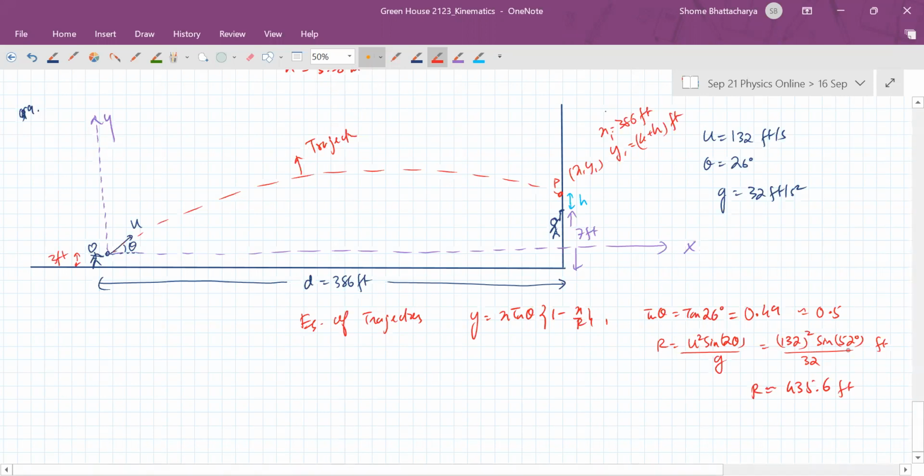Actually, a more accurate value using sine 52 instead of 53 will be more accurate. Okay.